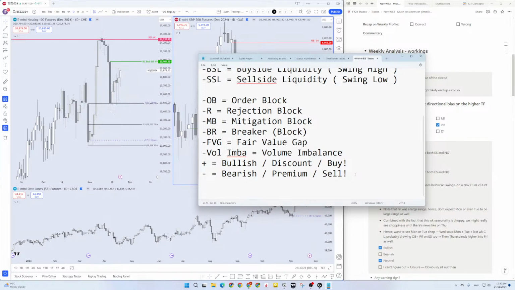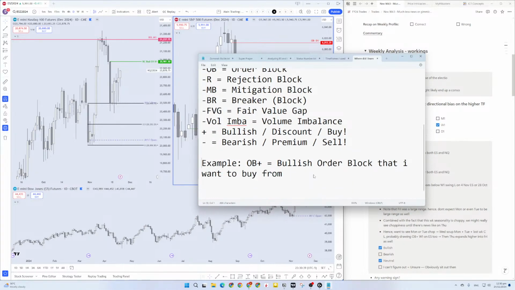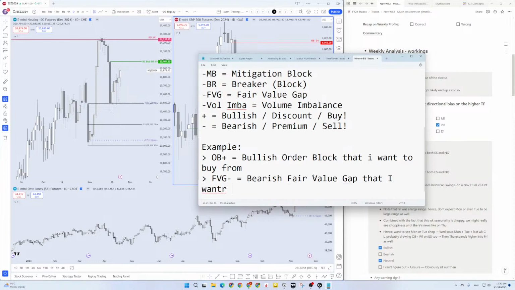So again, example, OB plus equals a bullish order block that I want to buy from. Then of course, another example, FVG minus equals a bearish fair value gap that I want to sell from.